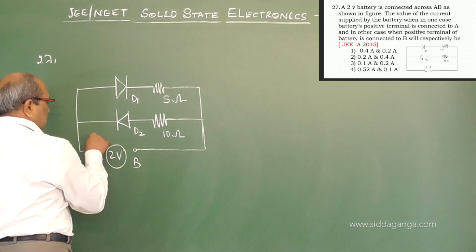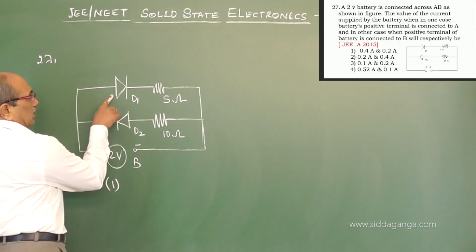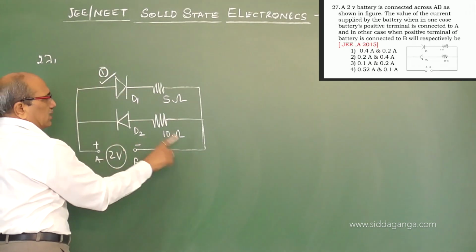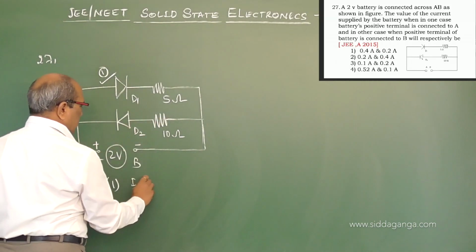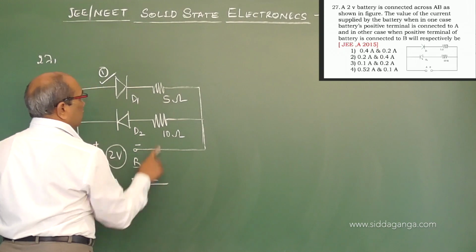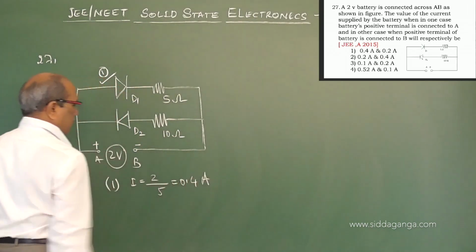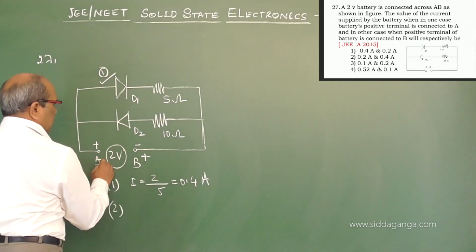Suppose in the first case A is positive and B is negative. One diode is forward biased in the first case, the other is reverse biased and carries no current. Then voltage by resistance gives you the current: 2 volt divided by 5 is 0.4 ampere. In the second case, this is plus and this is minus.